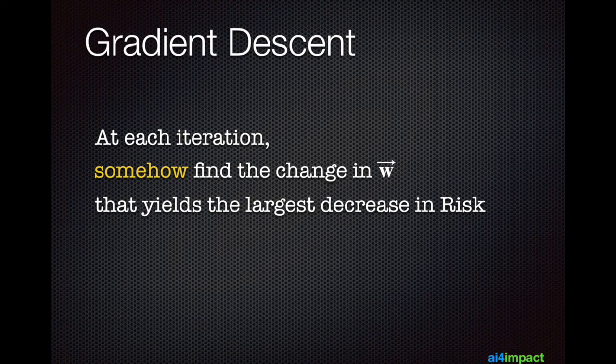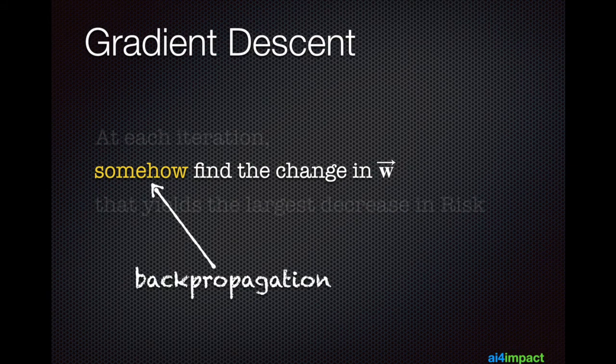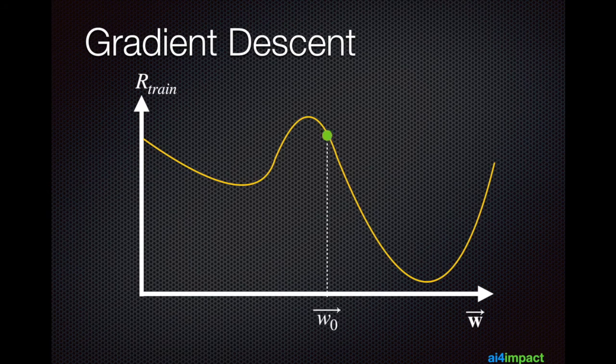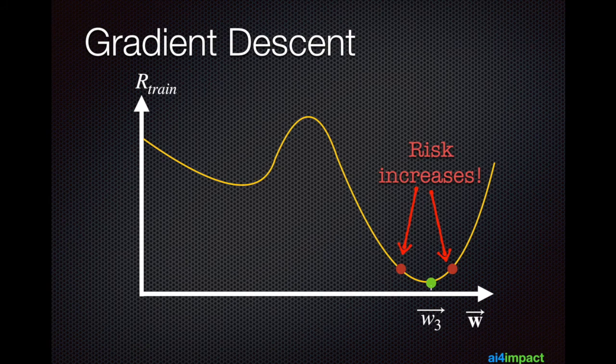The how of doing this is backpropagation. With backpropagation and gradient descent, we simply iterate again and again until we can't make further improvements on the risk. You can see here, once we have reached W3, any changes to the weights actually yield higher risk values.